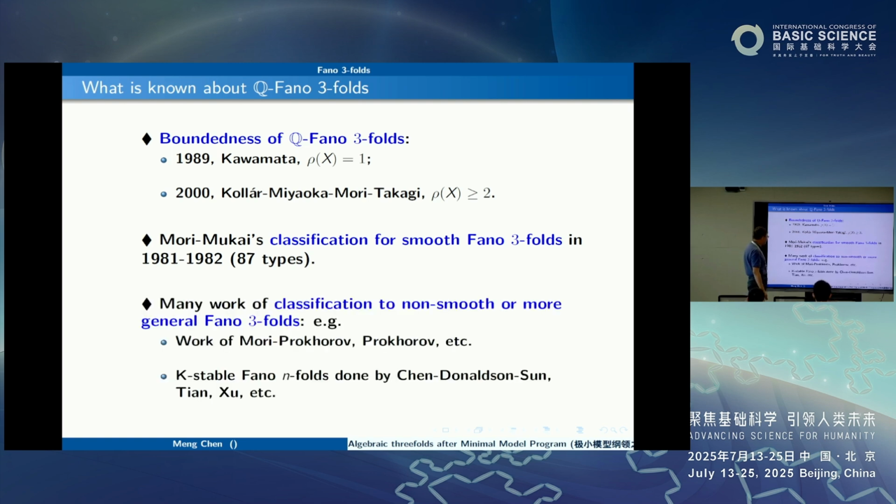And there are some other classifications due to Mori, Prokhorov, and many other such works for the non-Gorenstein or non-smooth case. But it seems very difficult to give a complete list one by one of those types. So we need some new method or another point of view to do the classification.